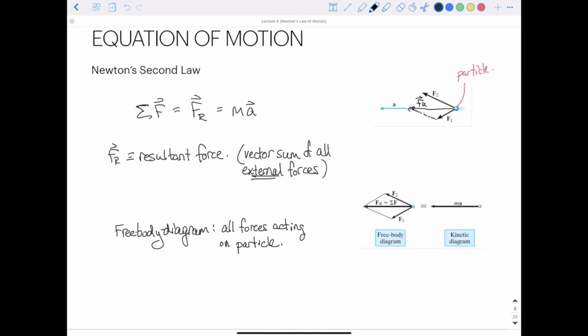And we can equate this to our kinetic diagram, which shows the inertial force, which is our mass times acceleration, acting in the same direction as the resultant force.